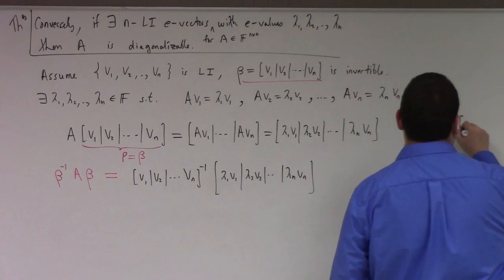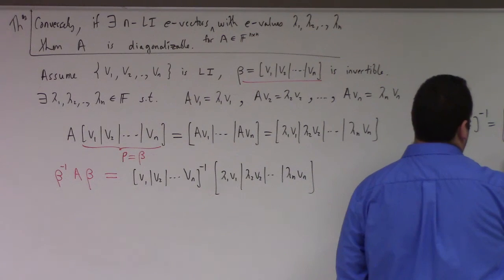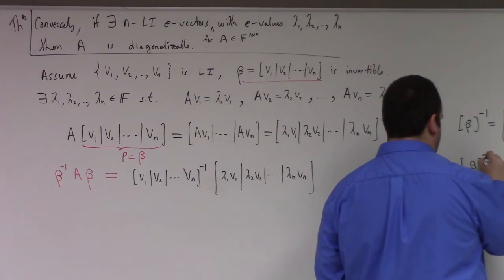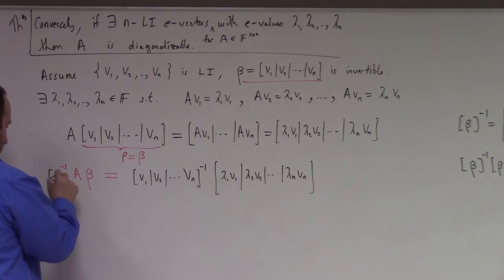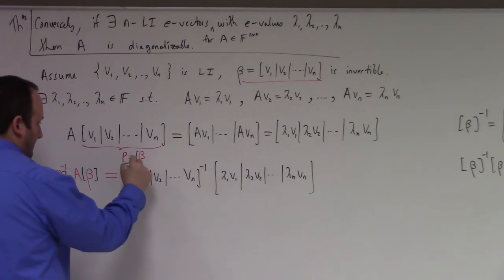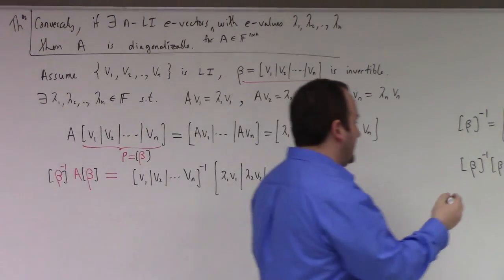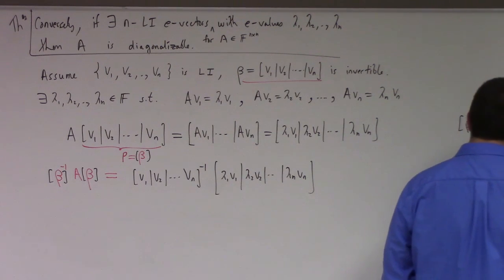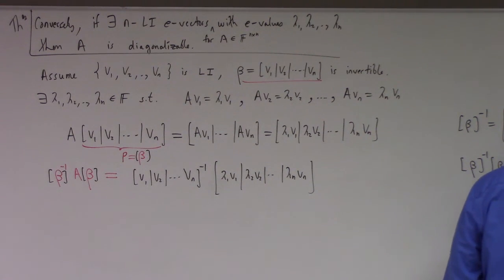If the basis matrix inverse has, say, row 1, row 2, row n, how does it work? We have the basis inverse matrix times the basis beta. If we multiply the matrix inverse times the matrix, we should of course get the identity, right? So this is row 1, row 2, row n times v1, v2, vn equals the identity matrix.